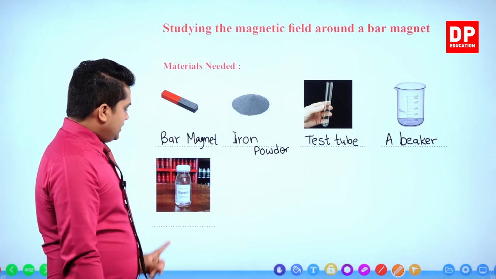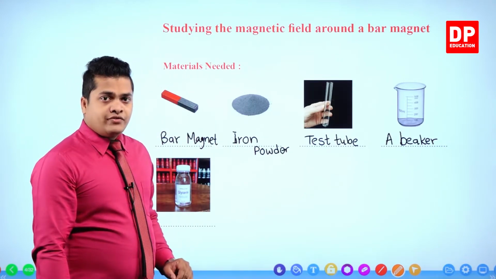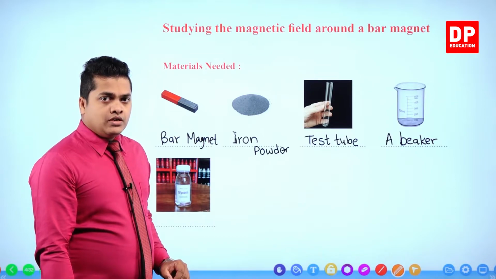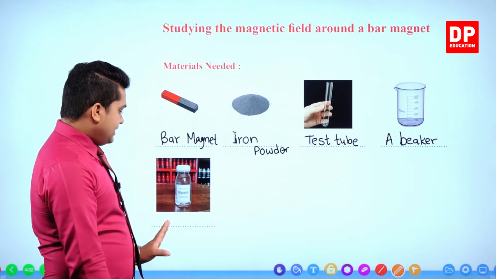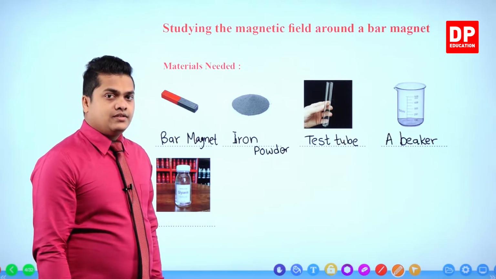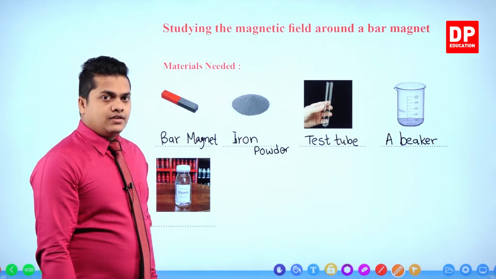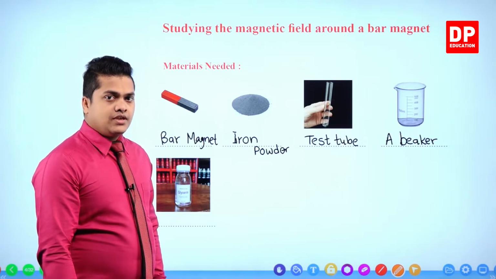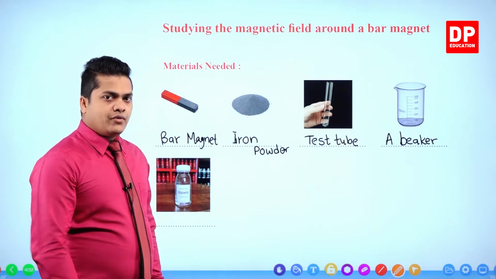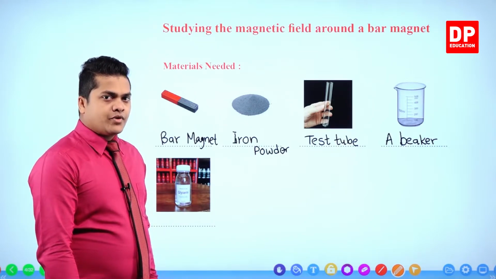Then this is a special kind of liquid which we can find in our laboratory, right? This liquid is referred to as glycerine, or sometimes it is named glycerol also. It's an oily liquid which we can find in our laboratory.